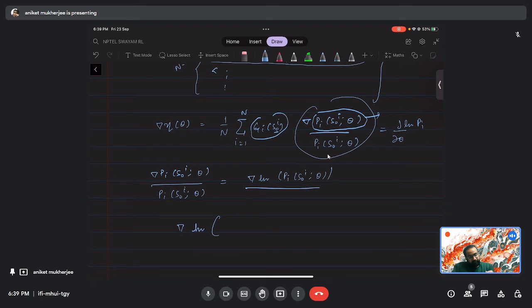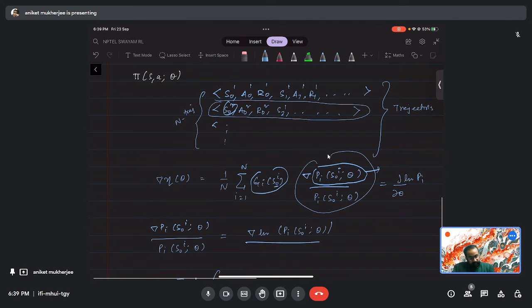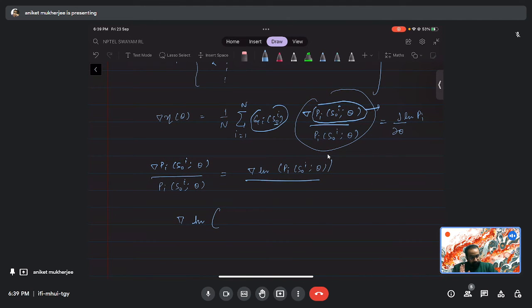Now this is a summation over all trajectories. Suppose I just take one trajectory, the first one, P1(S0; theta). How do you write this probability?